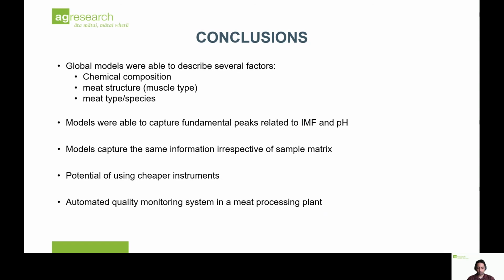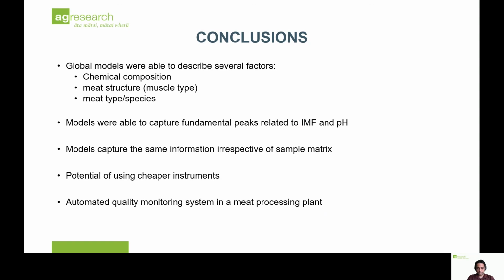Also, when the VIP plot of IMF was compared to a previous study, it also showed that the model was able to capture the same information with respect to the sample matrix. Also, that comparison showed us the potential of using cheaper instruments for developing these kinds of models.